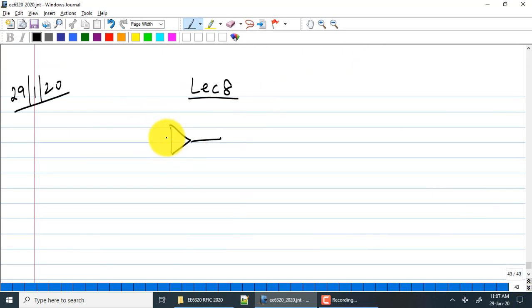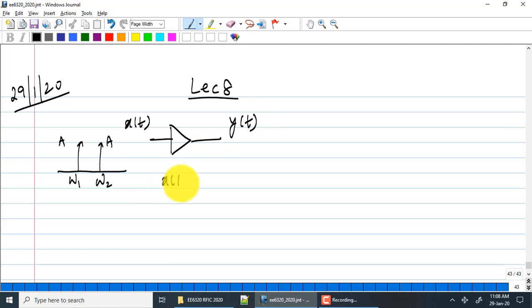So we take the same weakly nonlinear amplifier, let us say, and I'm going to put in two tones at omega 1 and omega 2, both of equal amplitudes A. Okay. So x of t is A cos omega 1t plus A cos omega 2t.